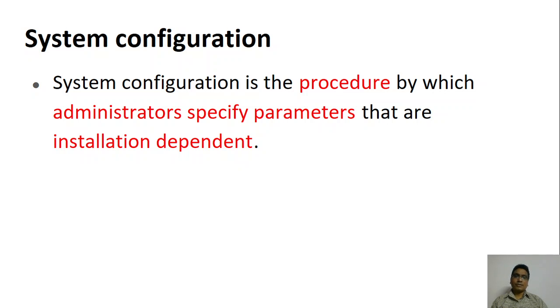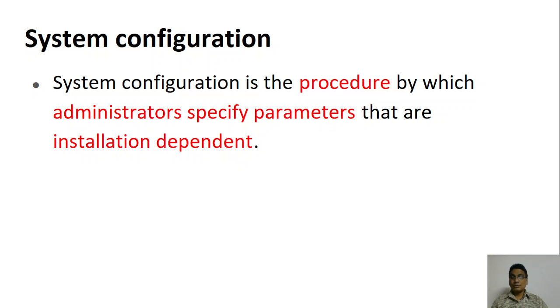So system configuration is a procedure by which administrators specify the parameters that are installation dependent. So when you install a Unix system on your laptop, you may have to configure it. What is the meaning of saying configure it? You may have to change the parameters that are specific to the devices.